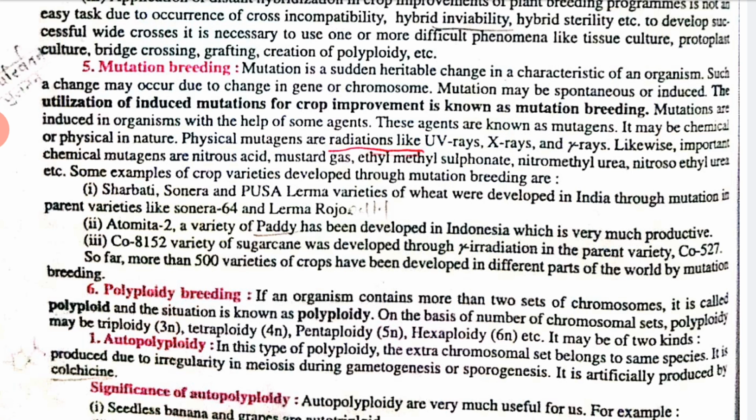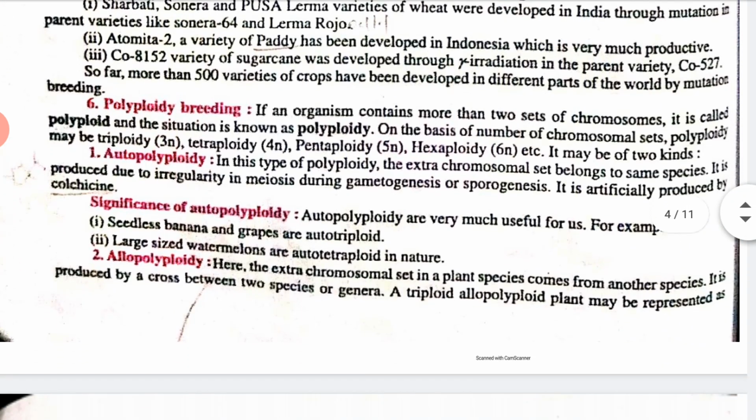It is artificially produced by colchicine treatment, the treatment which we have given. Autopolyploids are very useful for us. For example, seedless banana and grapes are autopolyploids, and large-sized watermelon is also autopolyploid in nature. So this is very important.